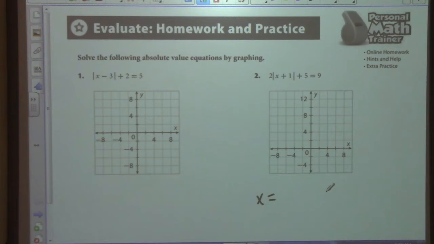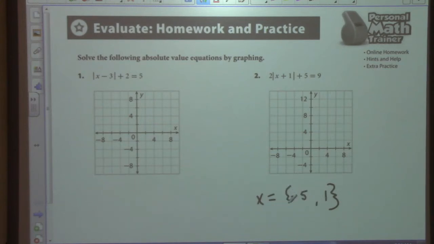I think that's right. Any other answers you see here? 1 and -5.